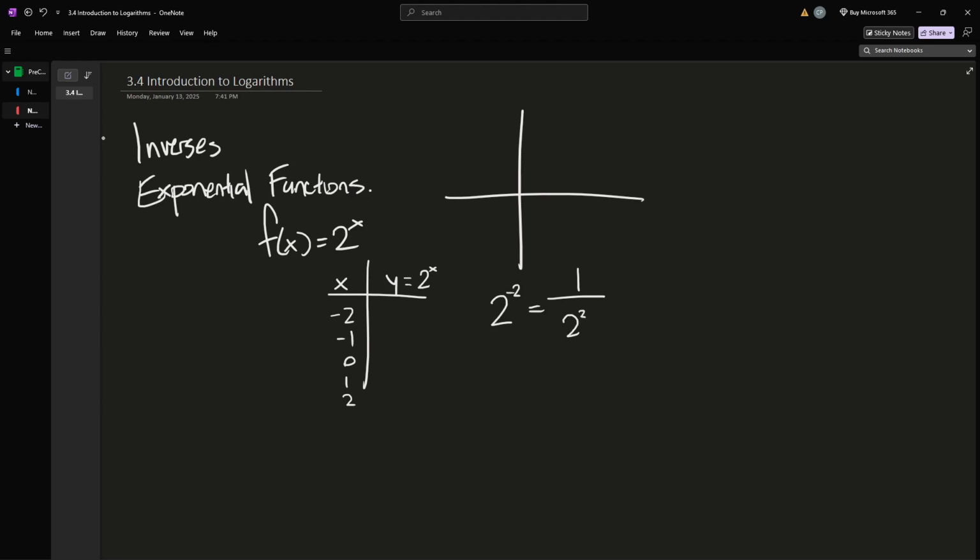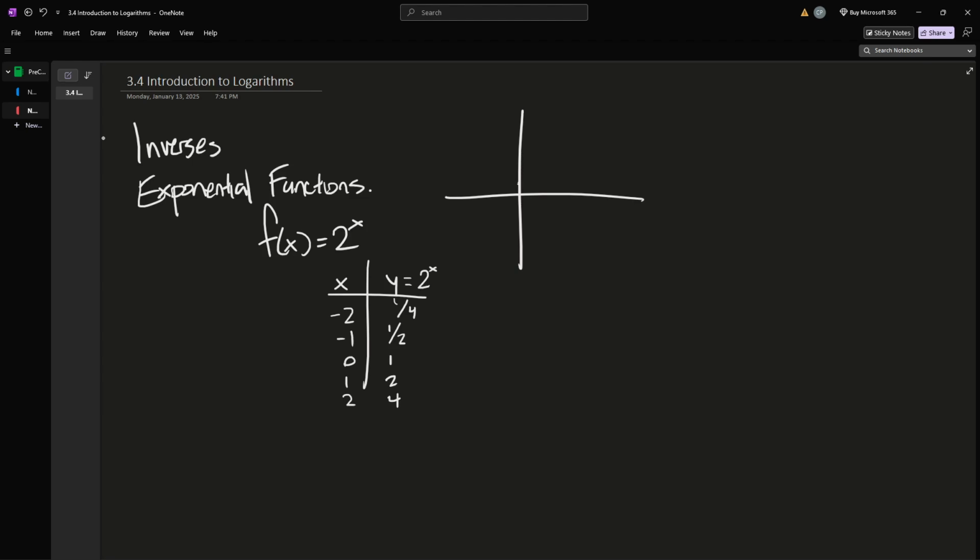So 2 squared, which is 1/4. So this would be 1 over 4, 1 over 2, 1, 2, and 4.